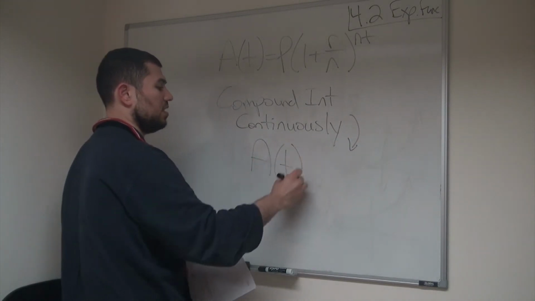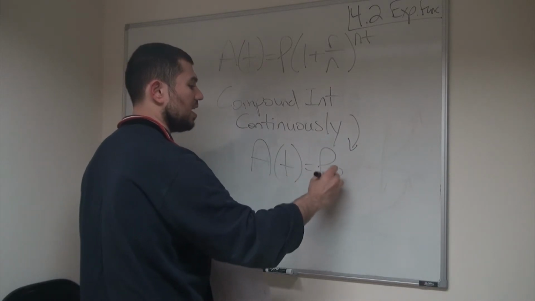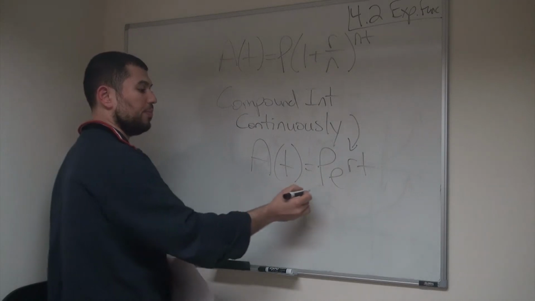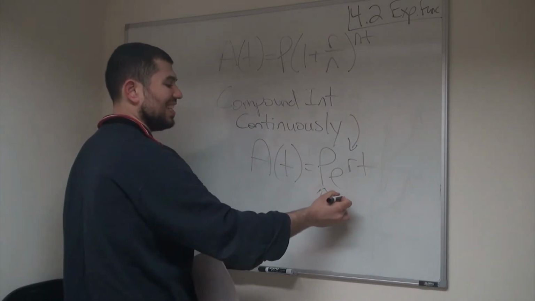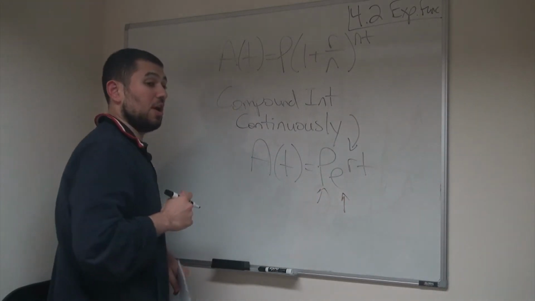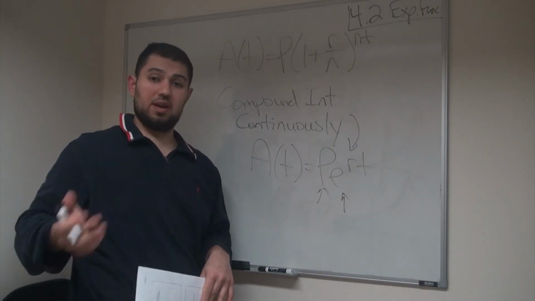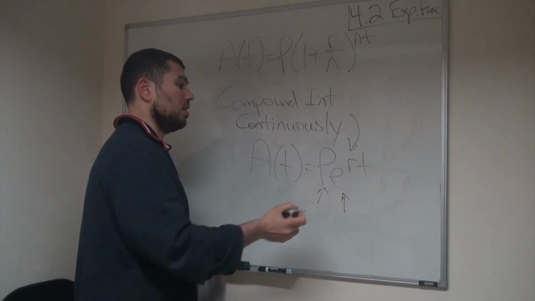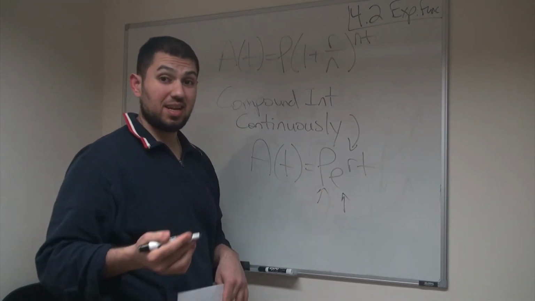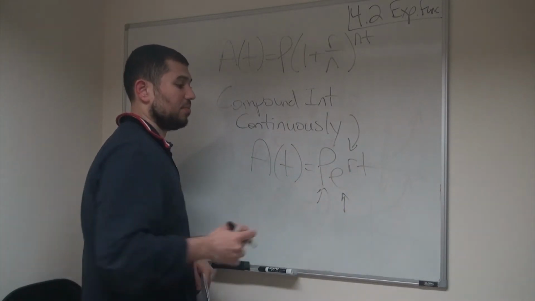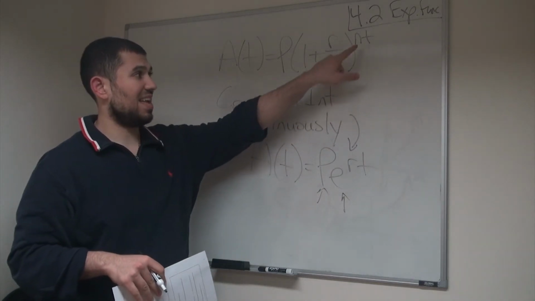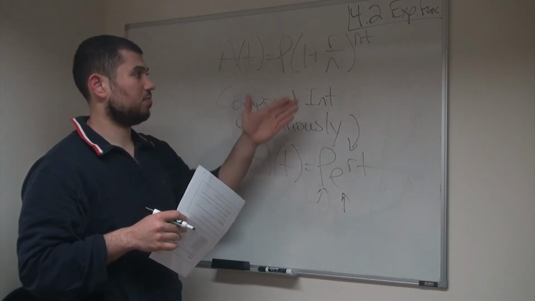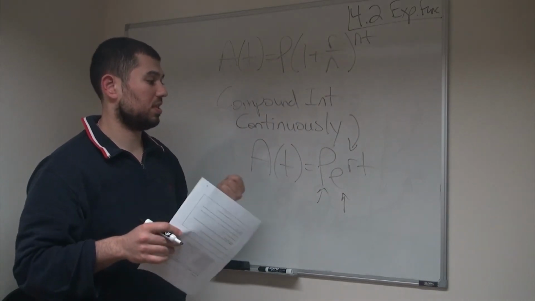A of t is equal to p times e to the power of rt, where p again is your principal, e is the number 2.718 whatever, which you can get directly from your calculator without having to round. R is the rate at which you're compounding, and t is the number of cycles. Notice, the n's are no longer there because we're not compounding 12 times a year or 4 times a year or 1 time a year, right?